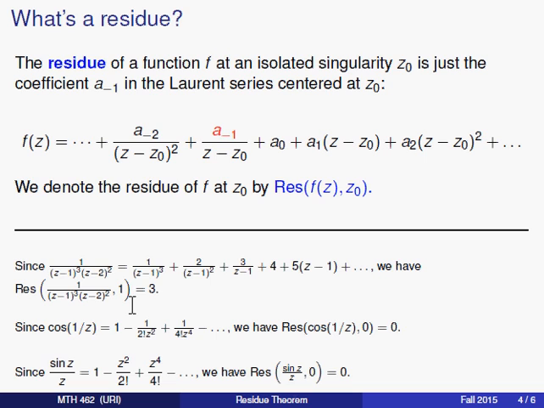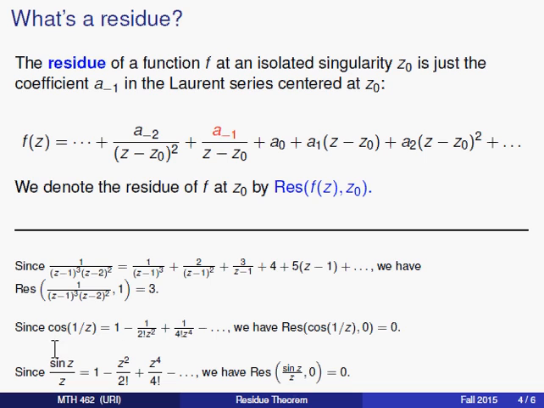Now I also have a singularity at 2. If I wanted to find the residue at 2, I can't do it from what's written here based on our definition. What we would have to do is rewrite the function as a Laurent series centered at 2, and then we could read off the appropriate coefficient and find the residue at 2. But the residue at 1 is 3.